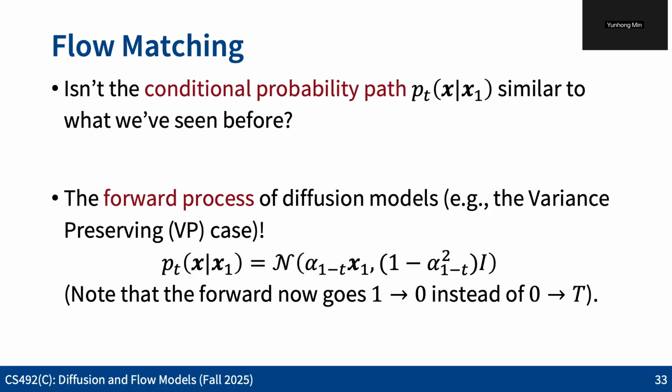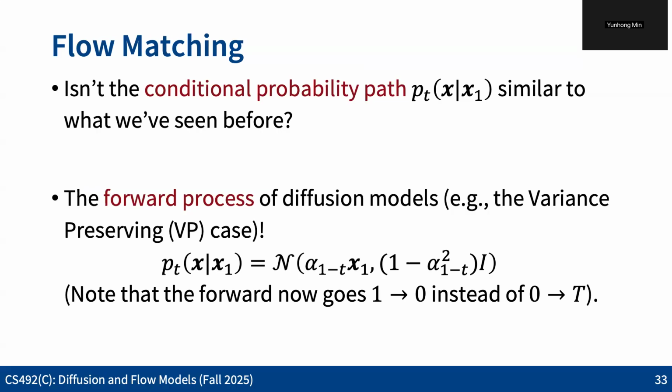In the forward process, we saw how we inject Gaussian noise with some drift for each data point x1. This corresponds to the forward jump distribution in the diffusion model case. We have seen a bunch of things for the VP case and the VE case, defined in this way.